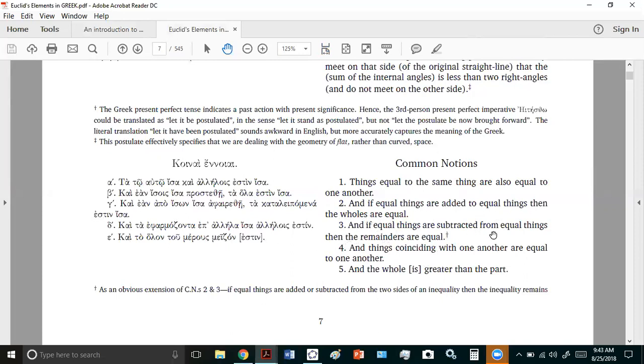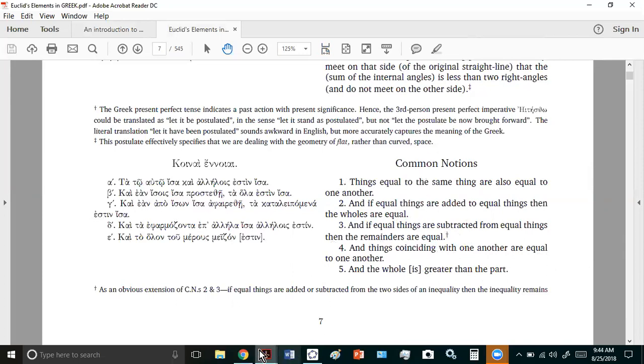And if equal objects are subtracted, these 2 notions here can be just added into one notion by saying that if the same objects are changed in the same way, then they're still the same object. And number 4 says, objects coinciding with one another are equal to one another. And finally, the last one is not even necessary because it says the whole is greater than the part of the object. So they're all pretty straightforward.